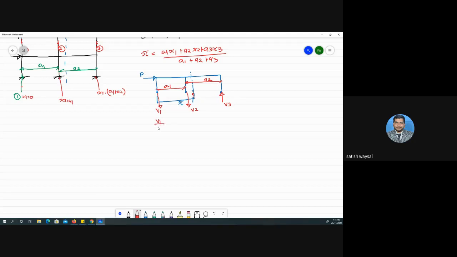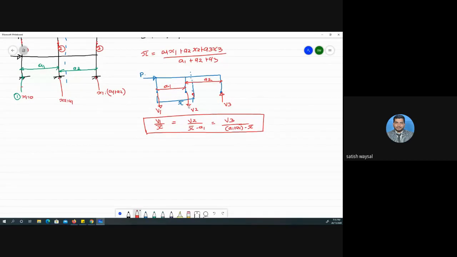V1 divided by x bar is equal to V2 divided by x bar minus A1, which is equal to V3 divided by A1 plus A2 minus x bar. This is the relation established among these three forces.